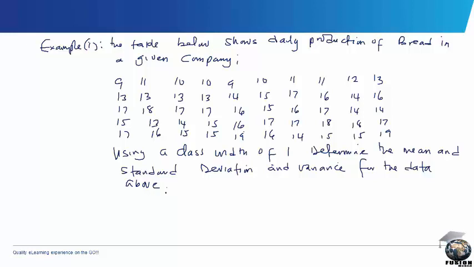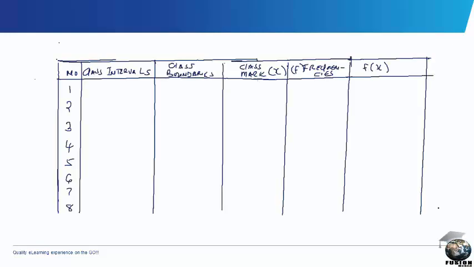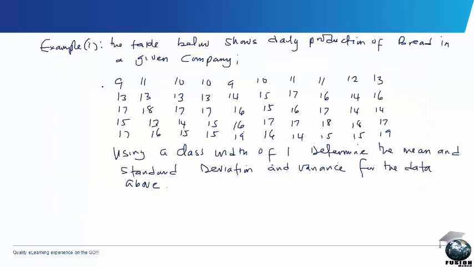And so the biggest number here is 19, and so we apply our class width. On this page we have the following tables. Make a table of the form above, and then we begin to group into class intervals.